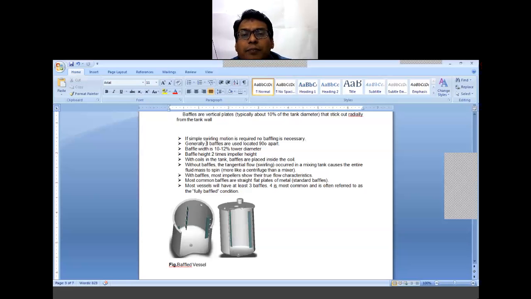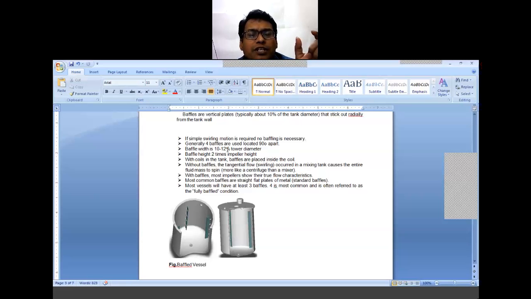If simple swirling motion is required, no baffling is necessary. The four baffles are usually located 90 degrees apart. The baffle width is generally 10 to 12% of the vessel diameter.